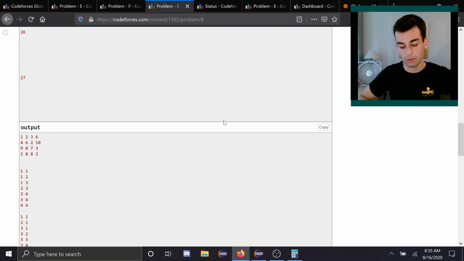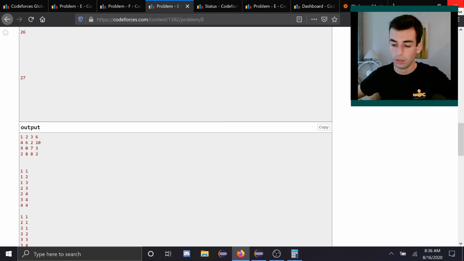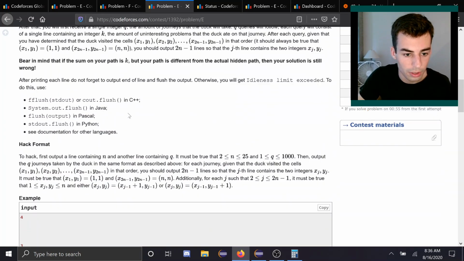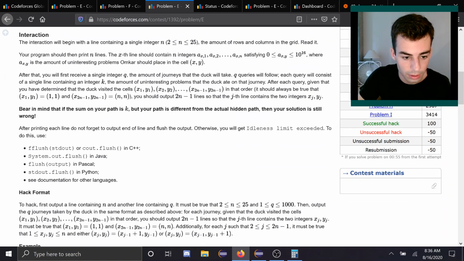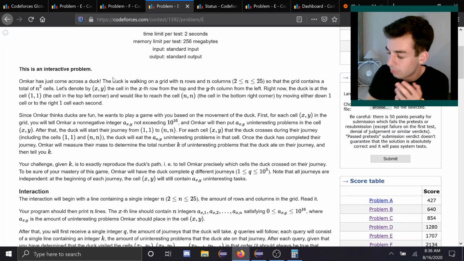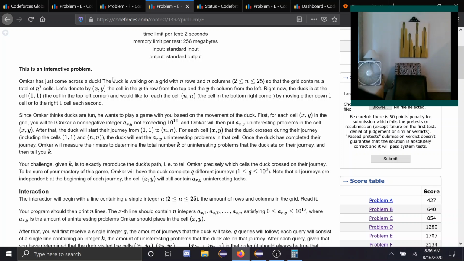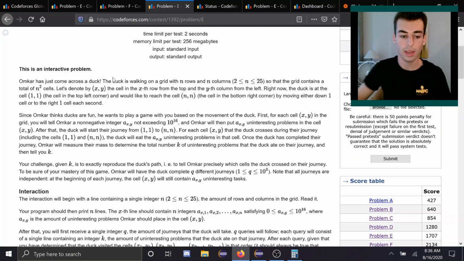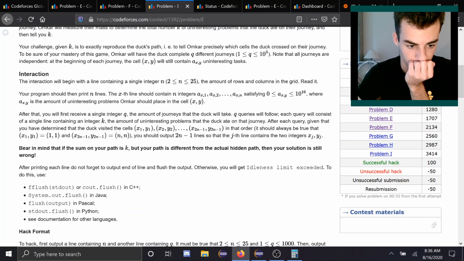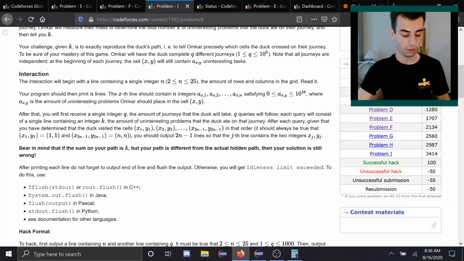Single test case. Looks like it, yeah. So input is first n. First they give you n. Then you get Q, okay.